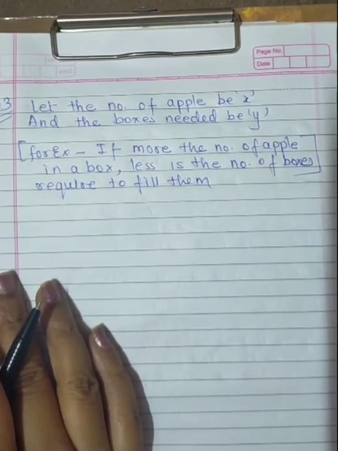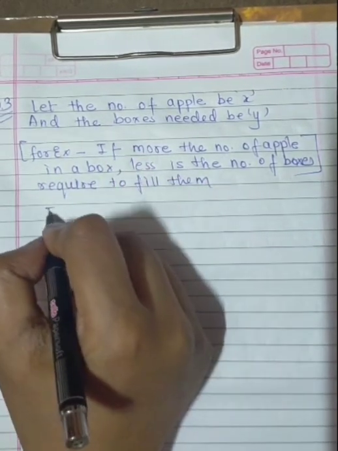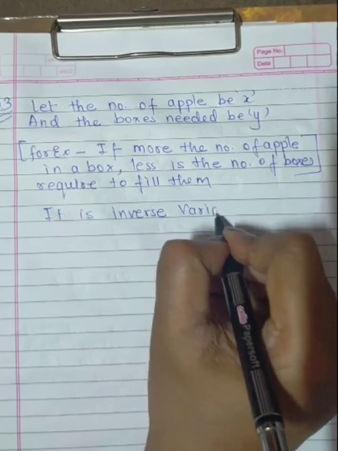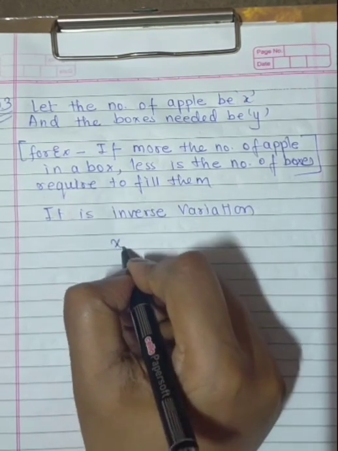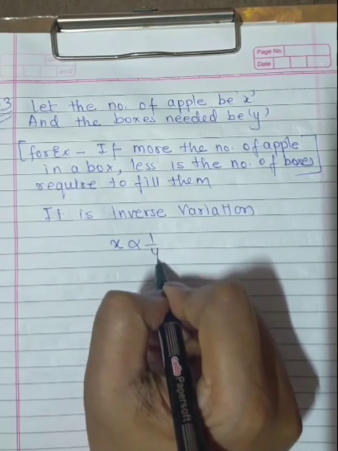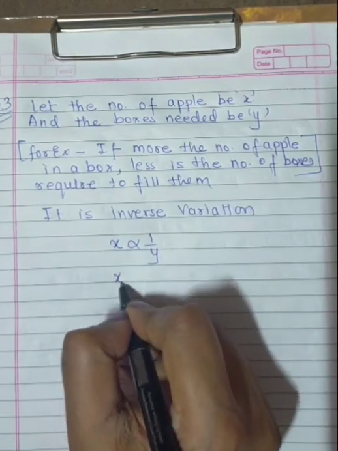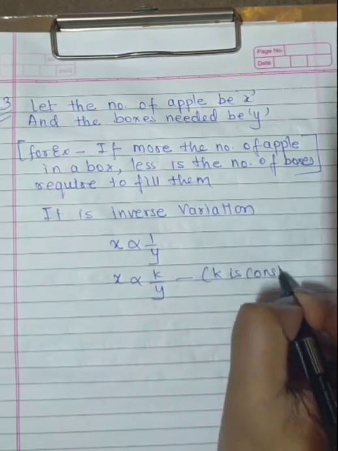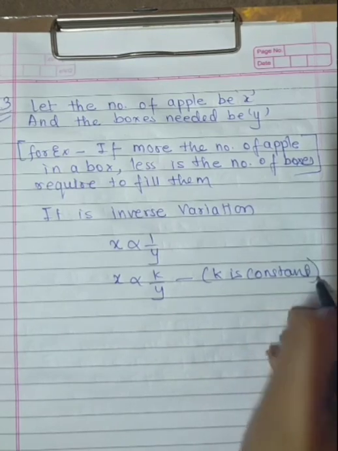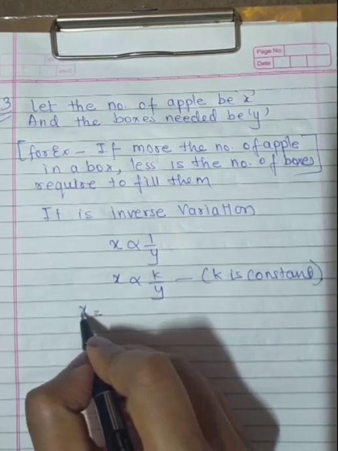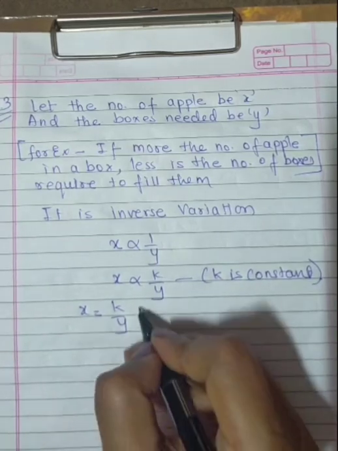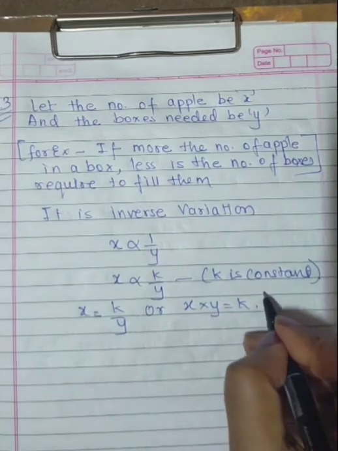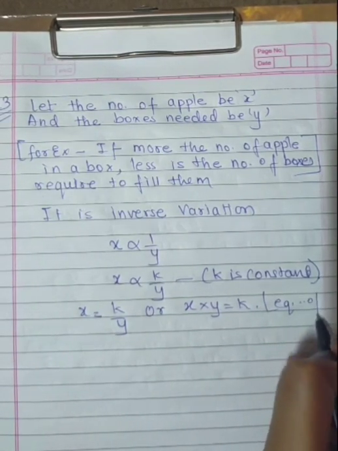So this means it is inverse variation. So x alpha 1 upon y, means x alpha k upon y, where k is constant. x is equal to k upon y, or x into y equal to k. This is the equation of variation.